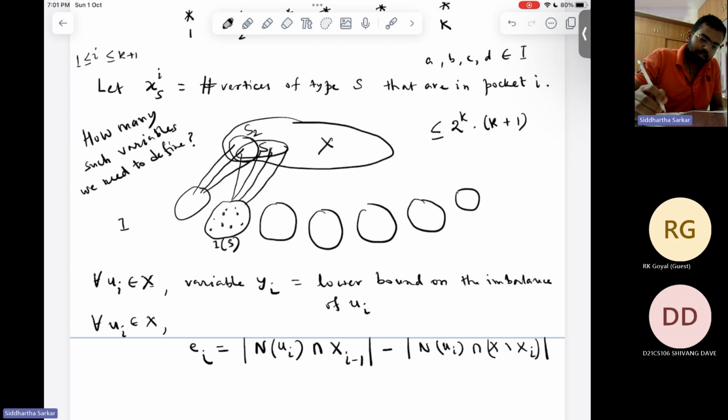So this is some more notation. Let me translate it for you in simple terms.